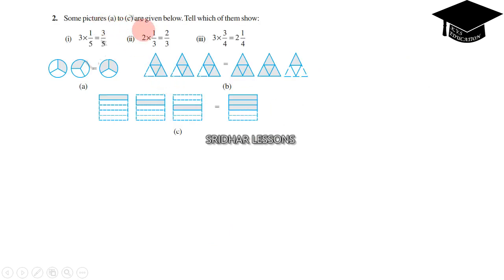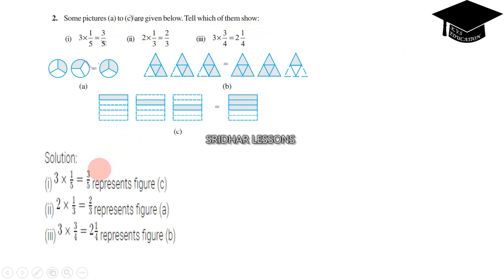Okay, some pictures A to C are given below. Tell which of them show this one. See, 3 into 1 by 5. See this one. We have 1, 2, 3, 4, 5 parts of the square and 3 squares we have. So 3 into 1 by 5 is equal to 3 by 5 represents figure C. And 2 into 1 by 3.